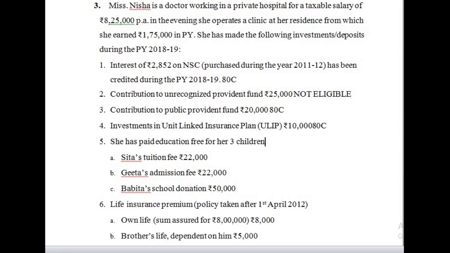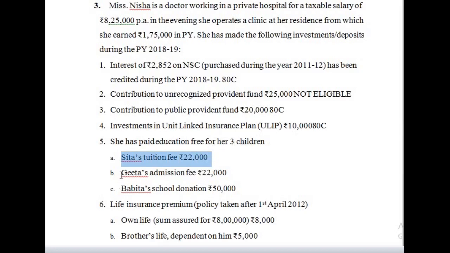She has paid education fee for her 3 children. It is a special expenditure incurred by the assessee on her children. Here the assessee has incurred 3 payments: Sita's tuition fees, admission fees and school donation. But the assessee is allowed only for tuition fees.